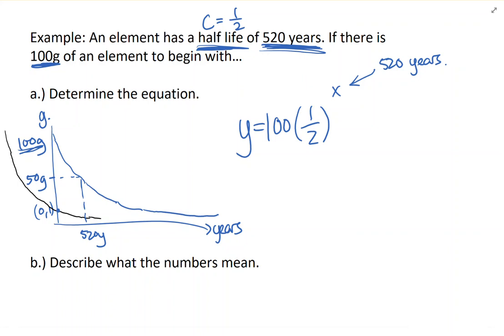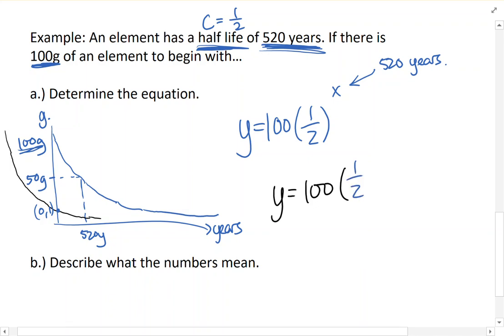But some of you might want to write it a different way. You have y, you know it starts with 100. If you want to have x in years, then you'll need to divide it by 520 to know how many groups of 520 you have and how many times you cut in half.